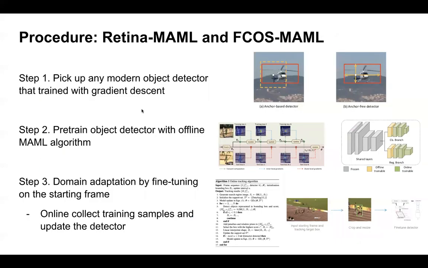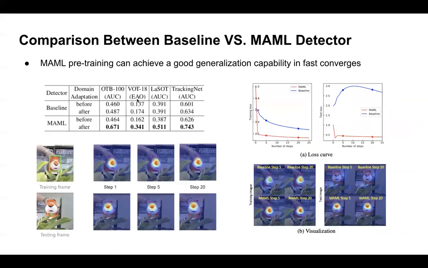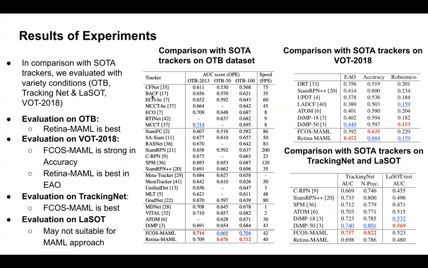With this meta pre-training and fine-tuning application, we can transform a detector into a tracker in three steps. By such a method, meta pre-training can achieve good generalization capability, not only converging fast on a training frame but also performing well on the testing frame.